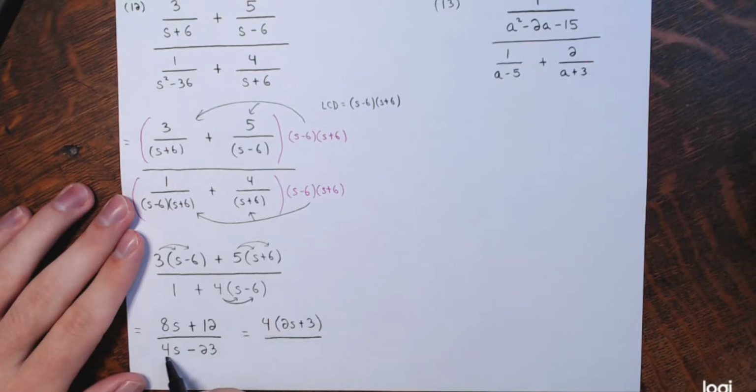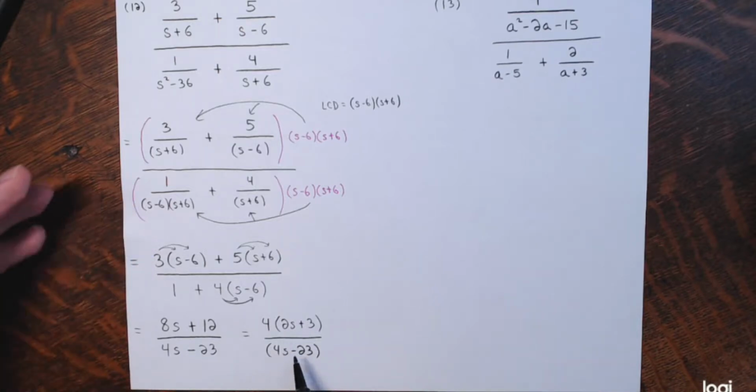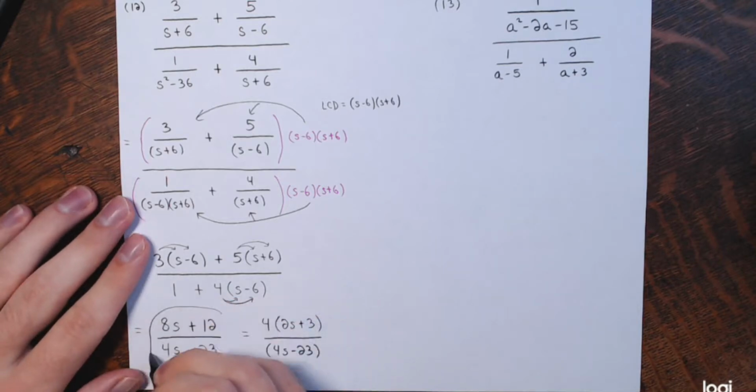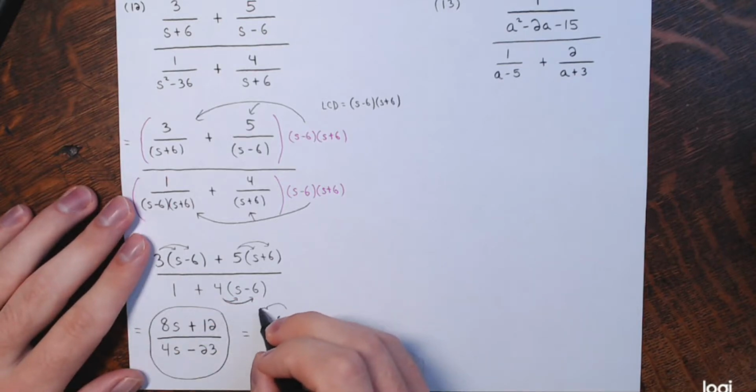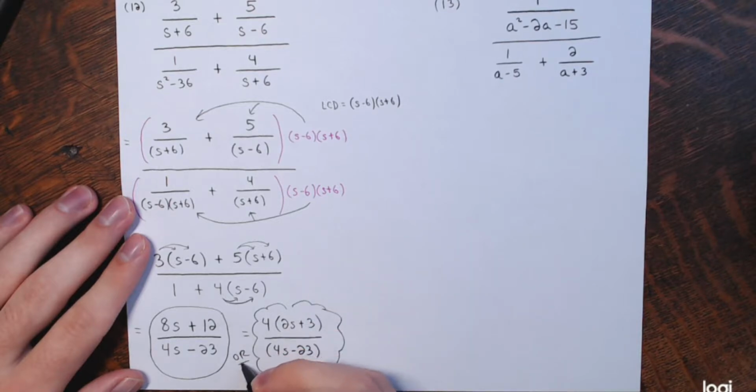And the denominator, though, 4s minus 23 doesn't factor any further. That would just stay 4s minus 23. And there's no factor of 4s minus 23 in the numerator. So this is as simple as it gets, or you could also write it in factored form. Both of these are equally valid.